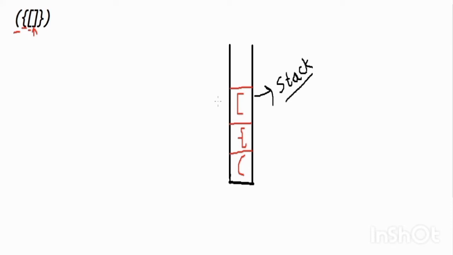Then we got a closing square bracket. Whenever you find a closing bracket, we have to check the element on the top against the closing bracket. Are they matching? If we have a square closing bracket, we need a square opening for it.